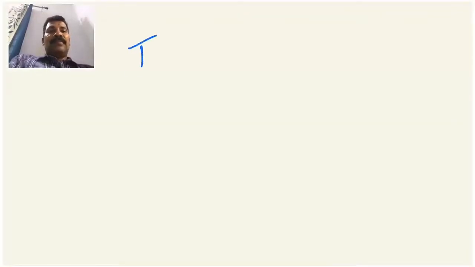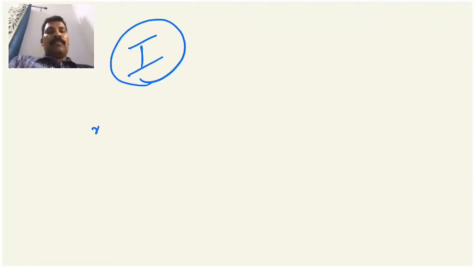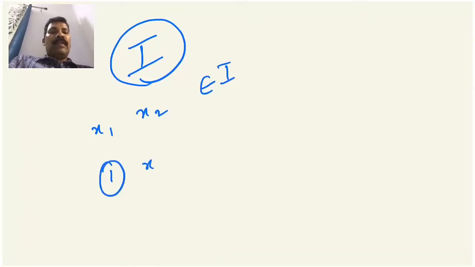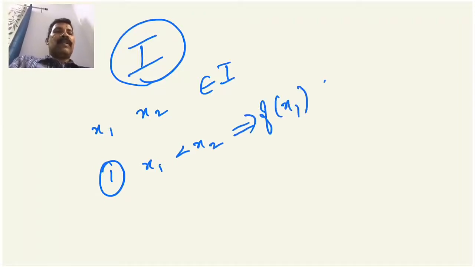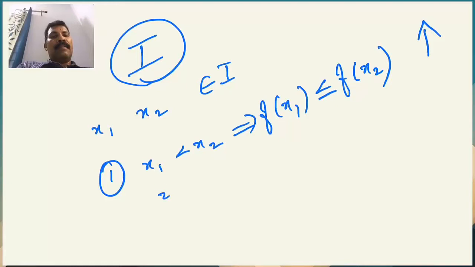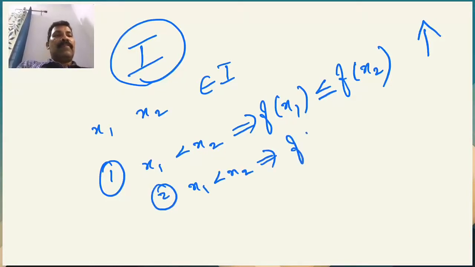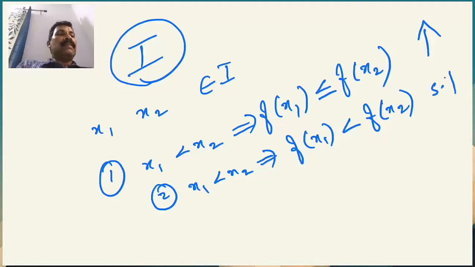So remember, if the function is defined on the interval I, and you take two points x1, x2 from that interval, then case 1: x1 less than x2 implies f(x1) less than or equal to f(x2), we say the function is increasing. On the other hand, if x1 less than x2 implies f(x1) strictly less than f(x2), then the function is strictly increasing.